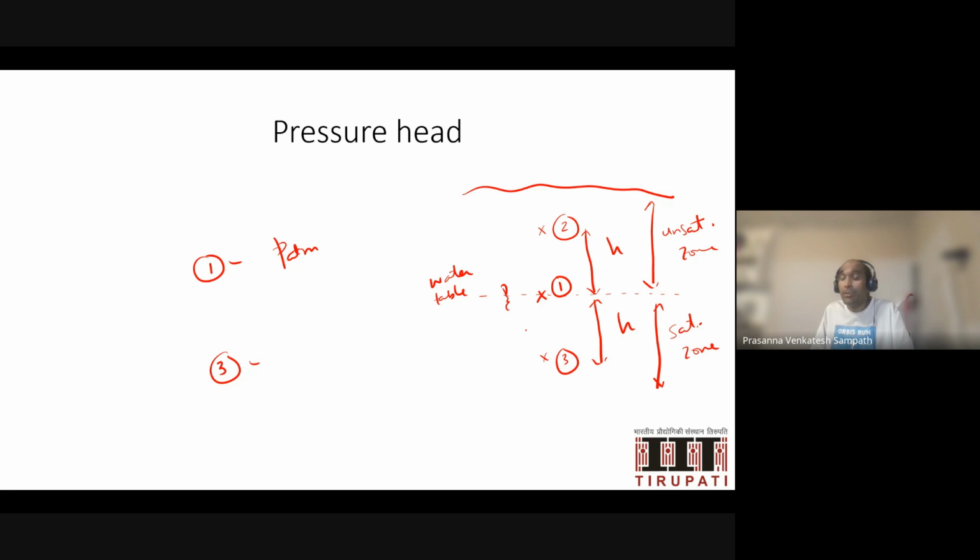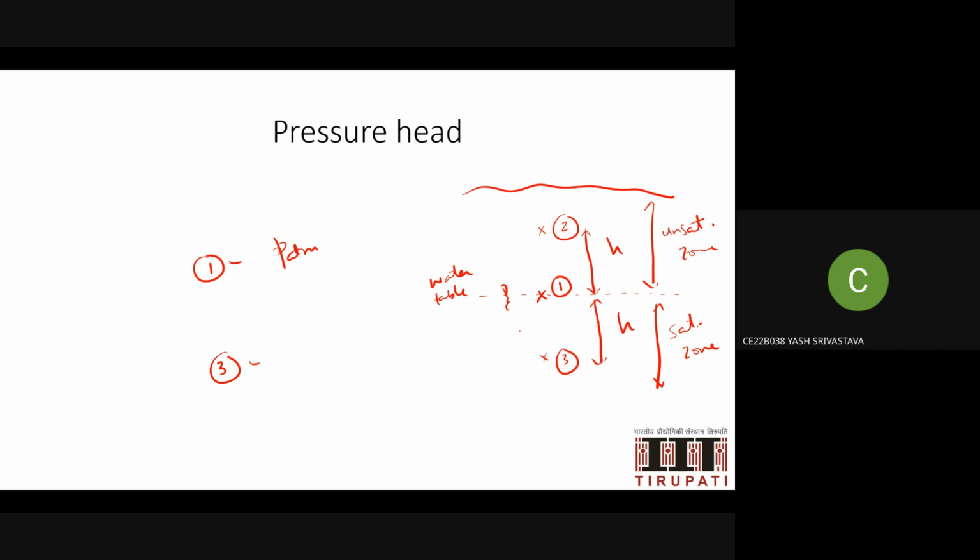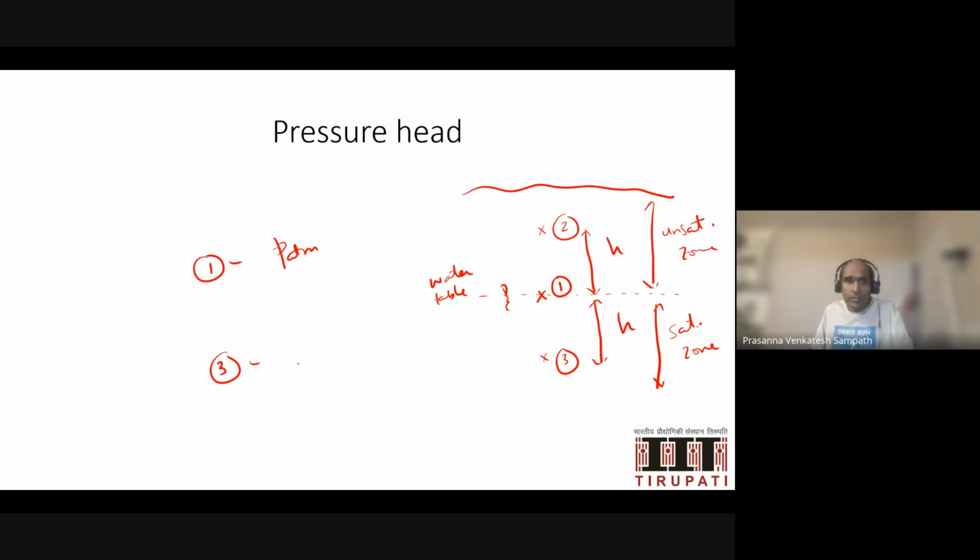How much greater? Rho gh. So the pressure at point 3 will be P atmosphere plus rho gh, because we are assuming hydrostatic pressure applies below the water table, and that is more or less accurate because the water is moving so slowly that for all practical purposes you can think it's almost static. Therefore the pressure in the water below the water table is simply atmospheric pressure plus rho gh.